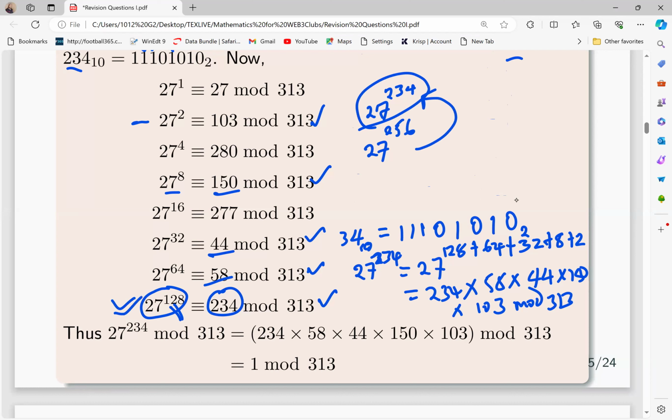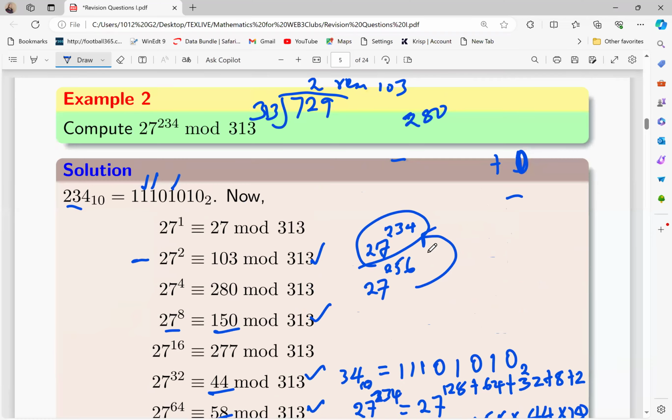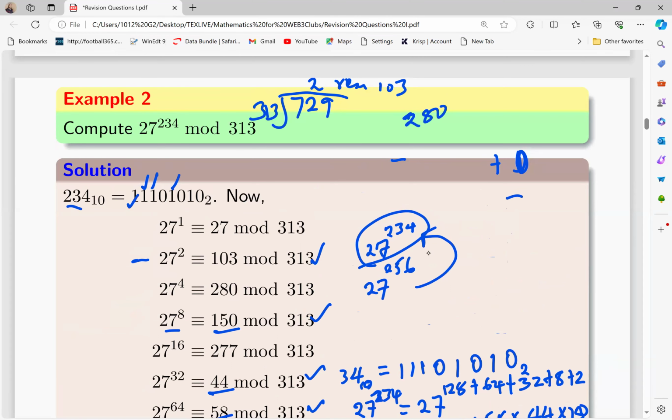Is that okay? And we had also talked about the binary numbers guiding us. How many are they? 1, 2, 3, 4, 5, 6, 7, 8. Telling us that we shall go 8 times.